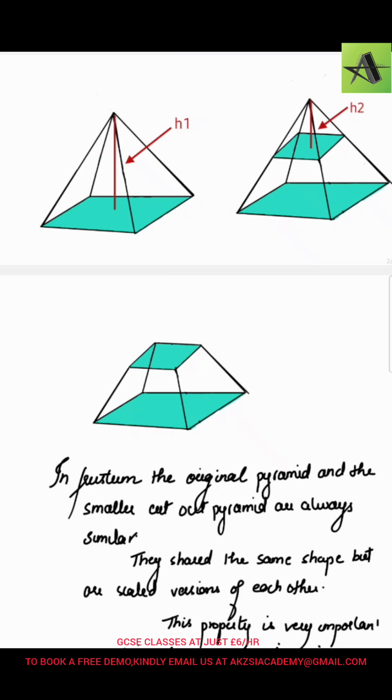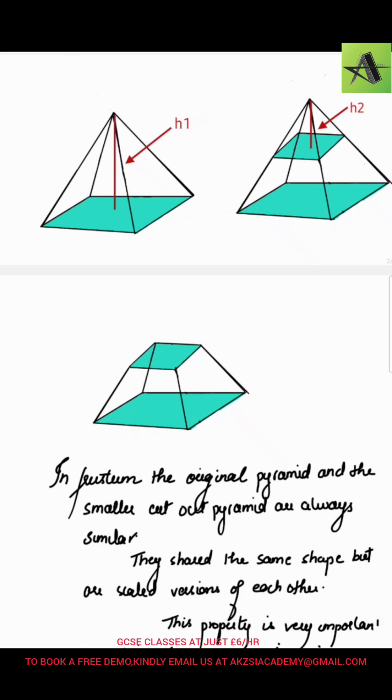By this, you can easily calculate any missing dimension. Say, for example, the length of the base of the smaller one is not given, but the bigger one is given, and you manage to get the scale factor, it's very easy to find the missing lengths.